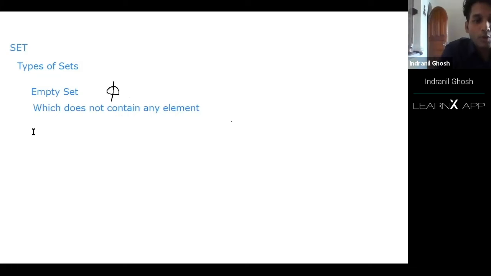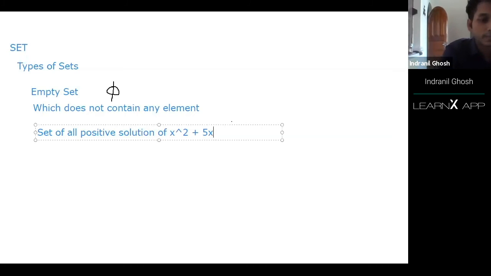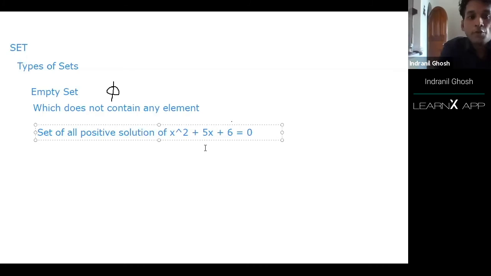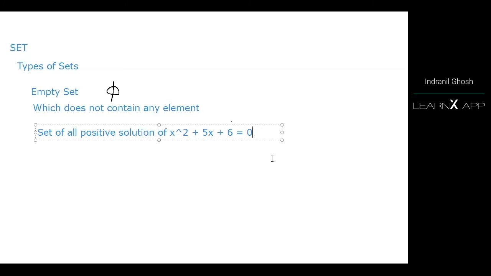For example, suppose we are talking about one set. If you talk about this set of all positive solutions of x square plus 5x plus 6 equals 0, are you getting any element for this?